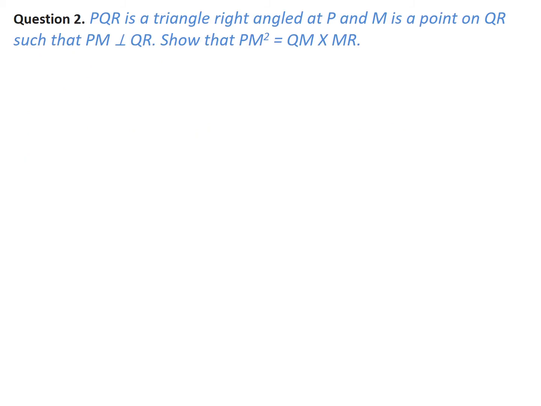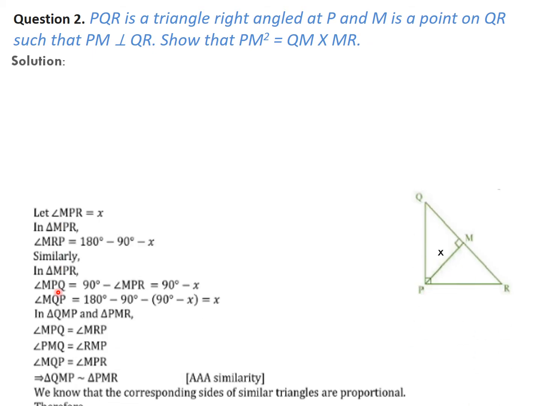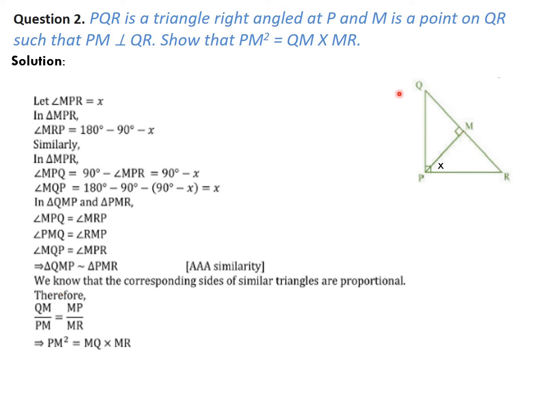Question number 2. PQR is a triangle right angled at P and M is a point on QR such that PM is perpendicular to QR. Show that PM square is equal to QM into MR. Let us draw a triangle on the right hand side where PQR is the triangle where angle P is 90 degree.